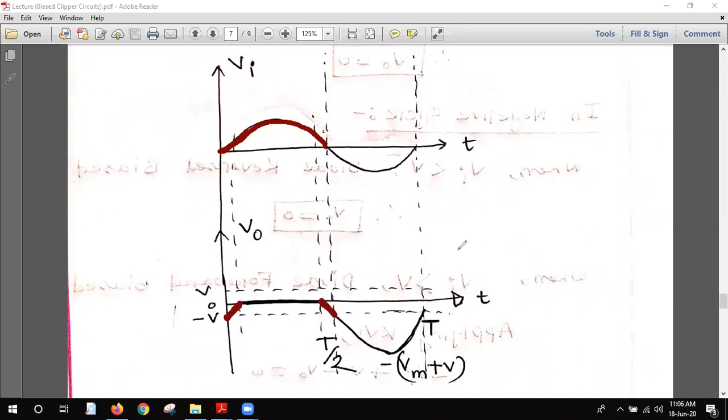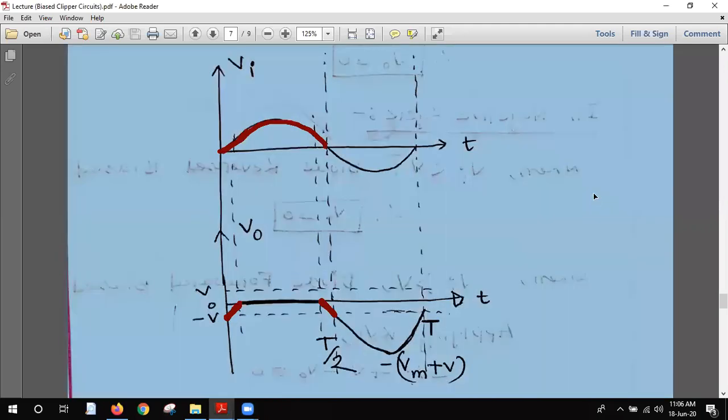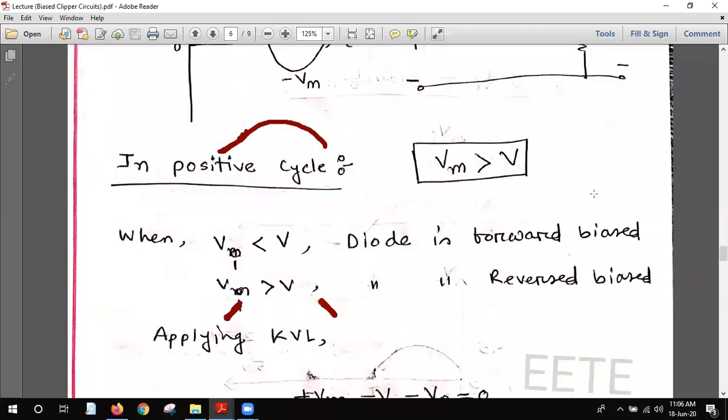And here we discussed the equation. Let me go back to the equation one more time and discuss it here. I'm discussing only one example today for your better understanding.